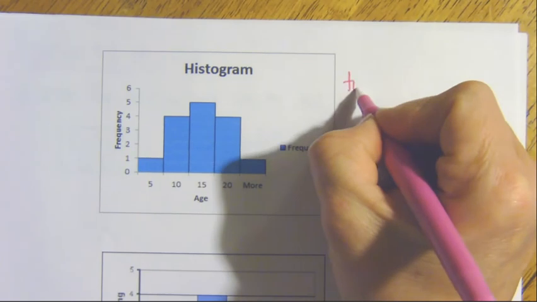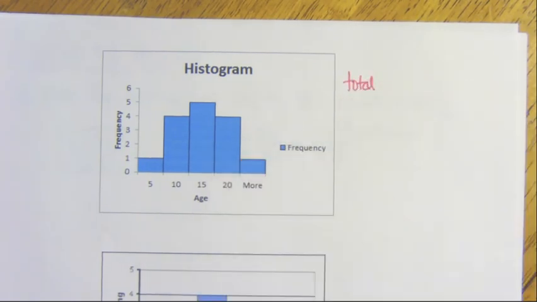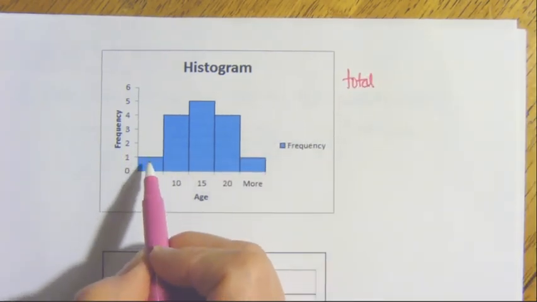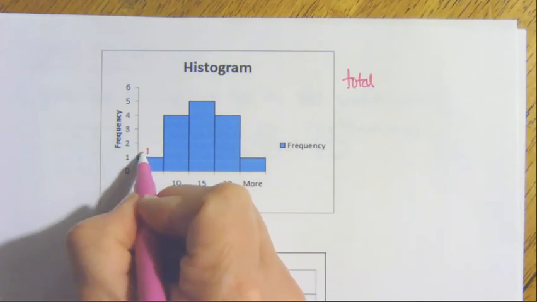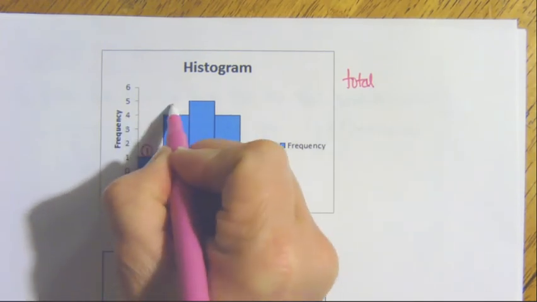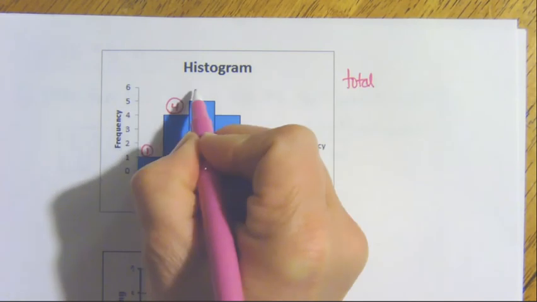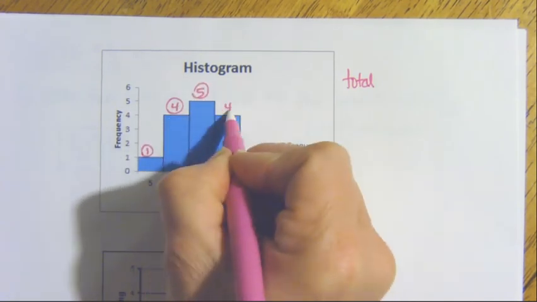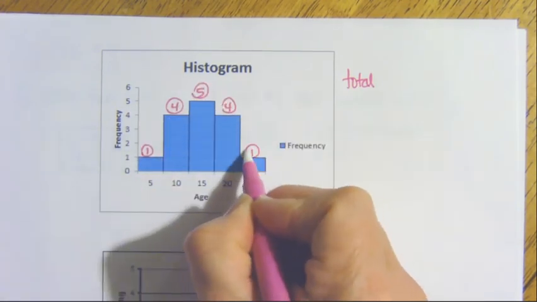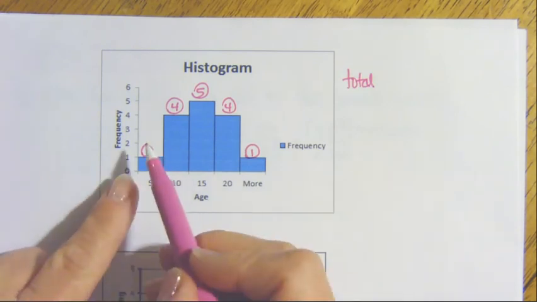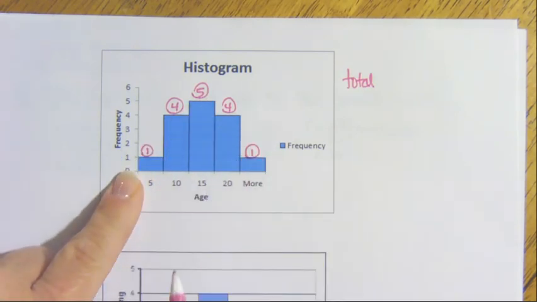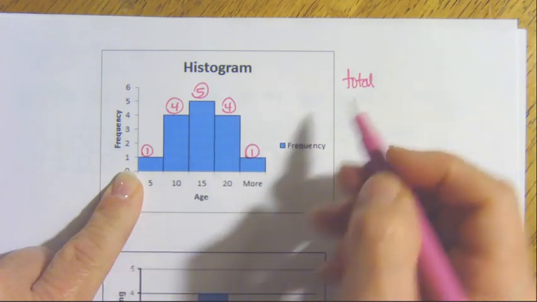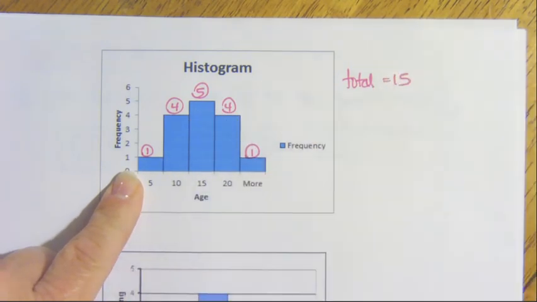You always need to know what the total is. You get the total by adding how tall these bars are. So this bar goes up to 1, this bar goes up to 4, this bar goes up to 5, that one goes up to 4, and then this one goes to 1. If I don't tell you what the total is, it's up to you to add up these numbers and figure that out. So 1 plus 4 plus 5 plus 4 plus 1 is 15.